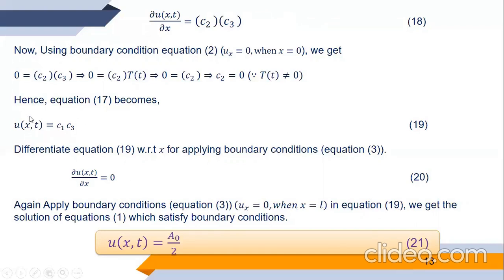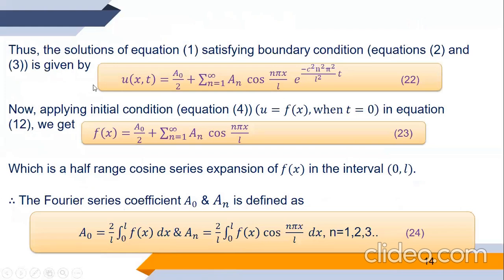Because here we get u(x,t) is equal to c1 into c3, and we consider c1 into c3 is equal to A0 by 2 constant. Because this is the constant form, and a constant form has derivative 0. So this satisfies the boundary condition. So thus, the solution of equation 1 satisfying the boundary conditions equation 2 and equation 3 is given as u(x,t) is equal to A0 by 2 plus summation n is 1 to infinity An cos n pi x by L e raised to minus c square n square pi square by L square into t.